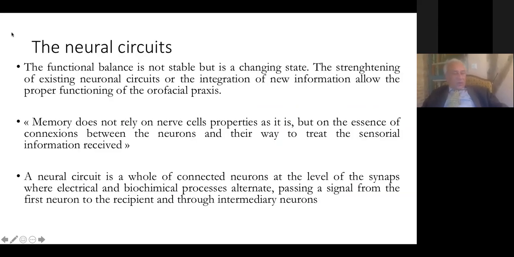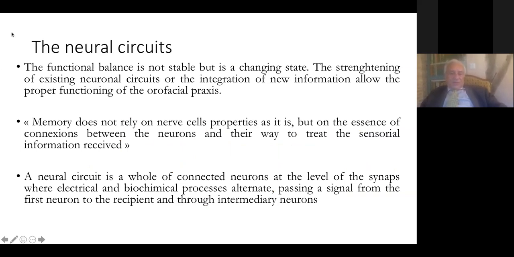So there are some first definitions we need to explain, that there are the neural circuits, and we must know that the functional balance is not a stable state, and it's always changing.